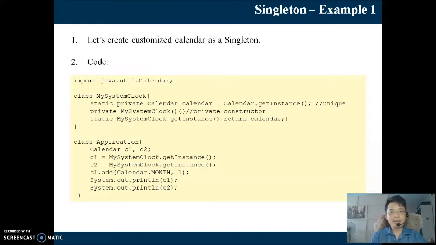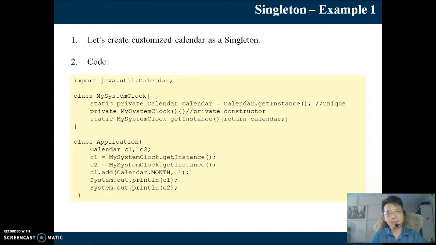We can make use of calendar, but calendar is not a singleton. So it is not impossible to accidentally create more than one calendar object. This is not preferred. Therefore, we should implement singleton. We shouldn't modify calendar class.